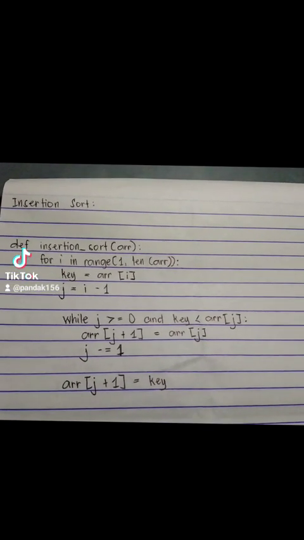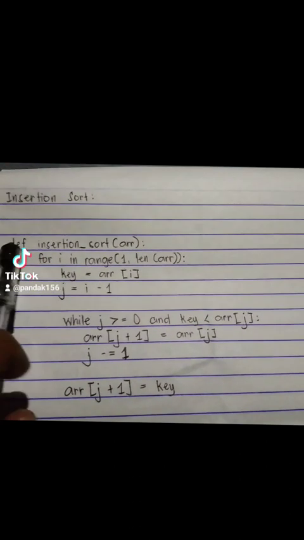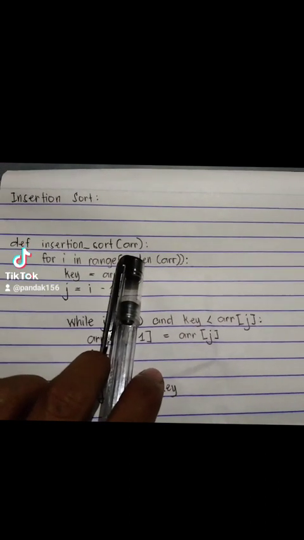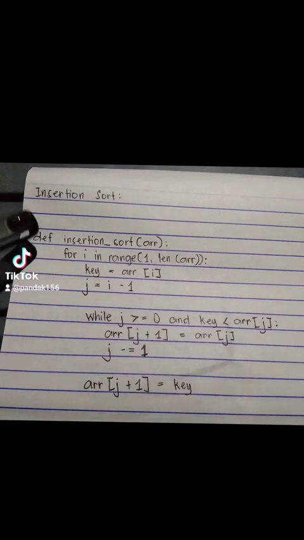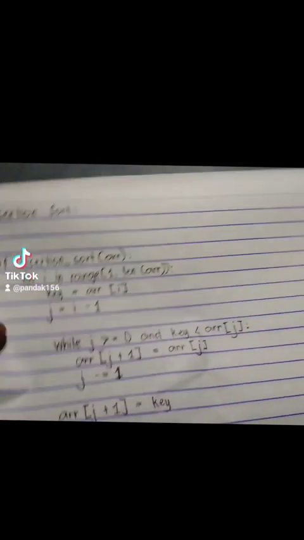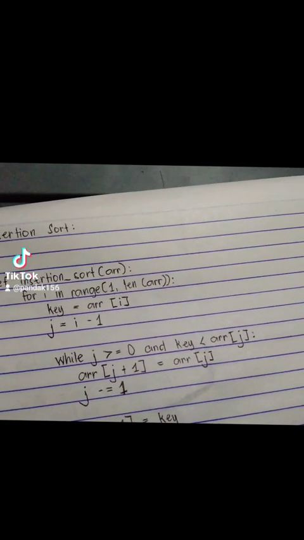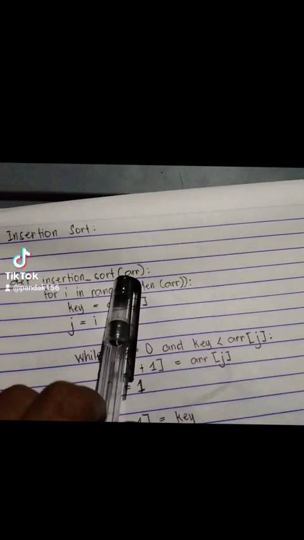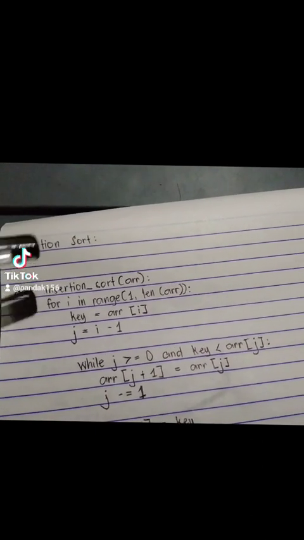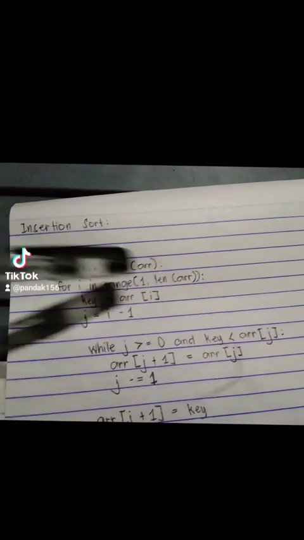This is my sample code about insertion sort. def insertion_sort(array). In this line, declares the function called insertion sort that takes a single parameter of an array, assumed to be a list. for i in range(1, len(array)).